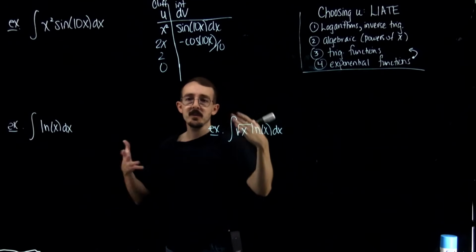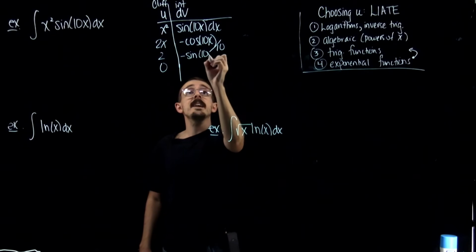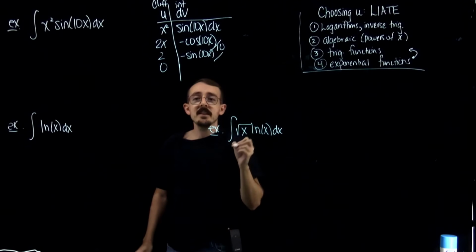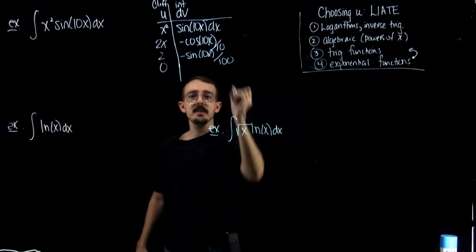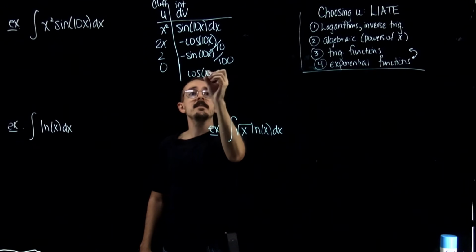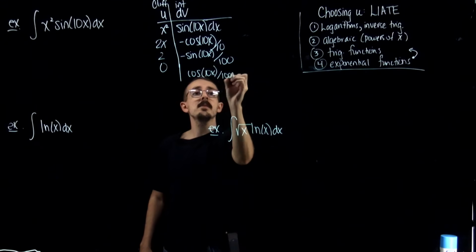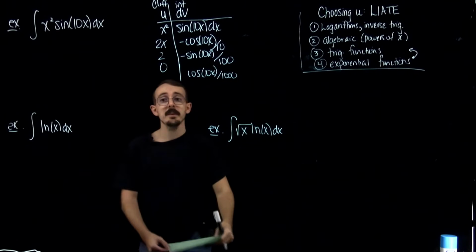That's because I'm doing the chain rule in reverse. If I go backwards again, I'm going to get negative sine of 10x. And then another 10 is going to join that 10 in the bottom, and now you're going to get 100. So it's going to be this over 100. If I do one more, if I go backwards, I get cosine of 10x, and now I get divided by 1,000. So that's where I am here.